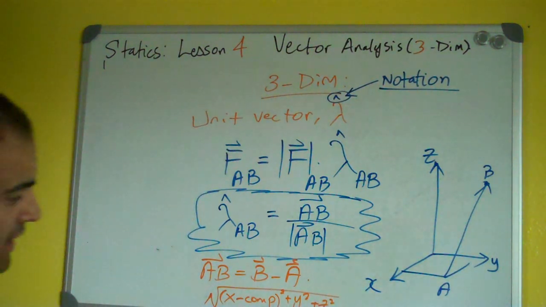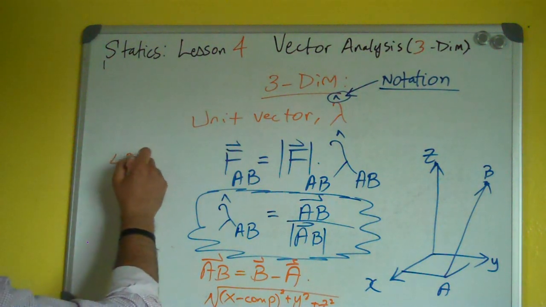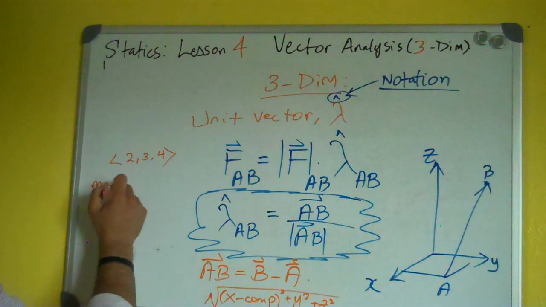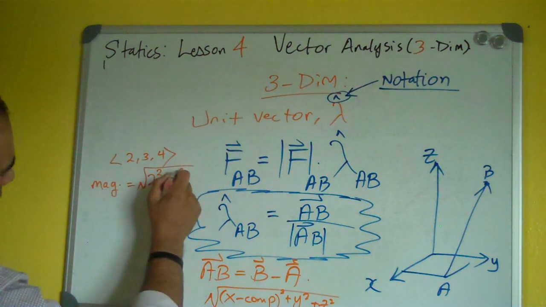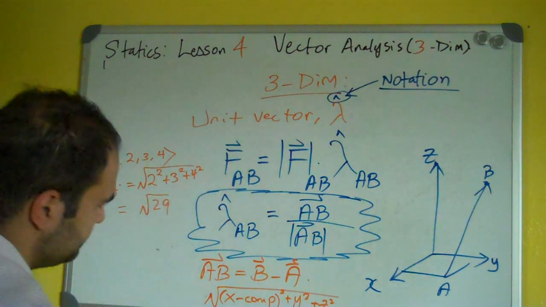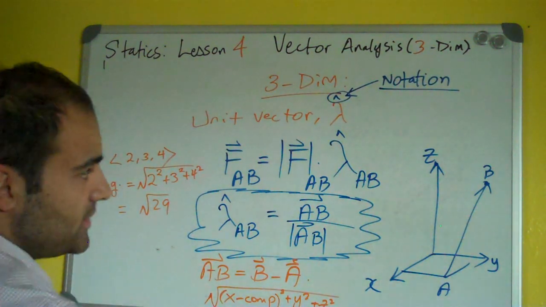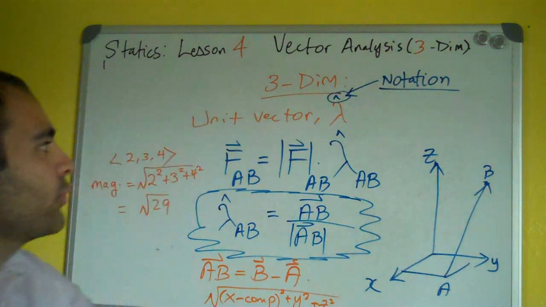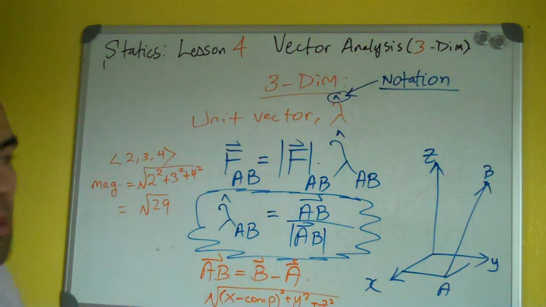And I mean by x component of AB, for example, you have 2, 3, 4, then your magnitude is 2 squared, 3 squared, 4 squared, whatever that number, root 29. And the rest should be the same. Sum of the forces in the x, sum of the forces in the y, sum of the forces in the z, all of them should be the same.